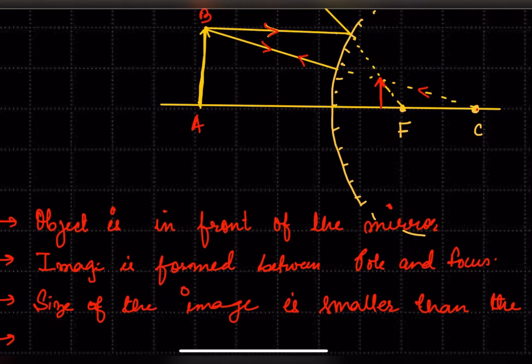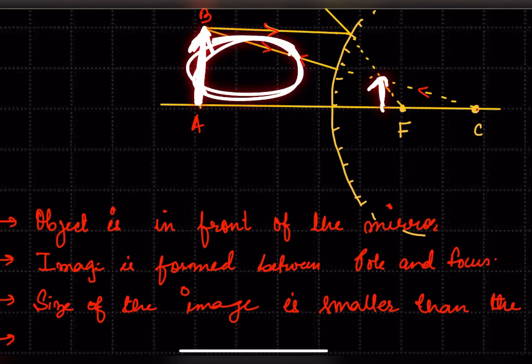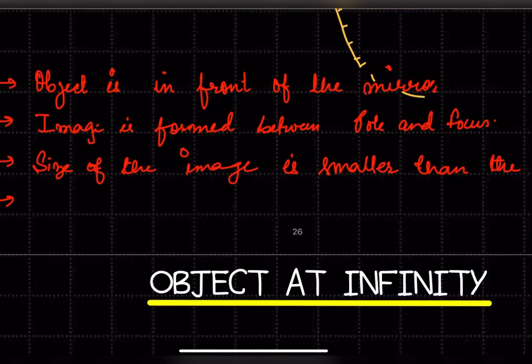Look here, this is going up like this, so this is also going up like this. What is this? Erect, right? This one is also erect. The object is in front of the mirror, and the image is at the back side of the mirror. So it is erect and virtual. So what can I write down?